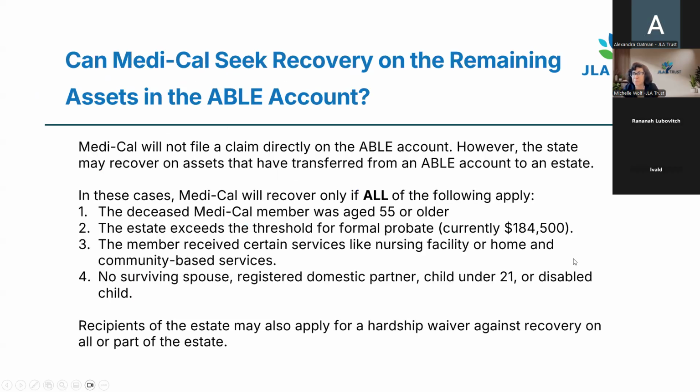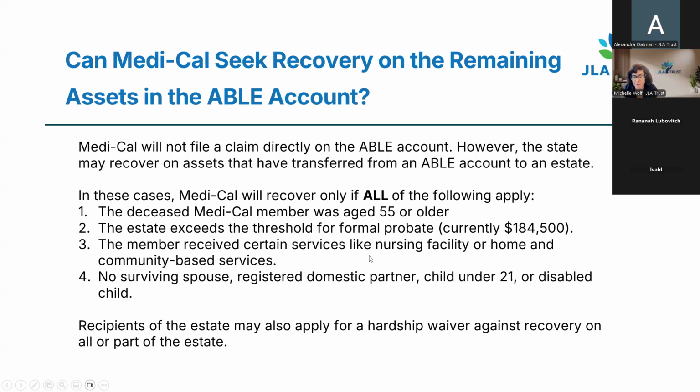And after the beneficiary passes away, Medi-Cal can seek recovery of the clawback that I talked about with the first party trust, but they will only do the clawback if all of these are happening. The deceased Medi-Cal member was over the age of 55. The estate exceeds the threshold for formal probate. Right now it's $184,500.